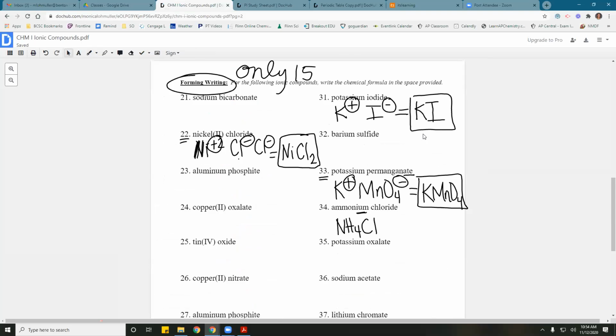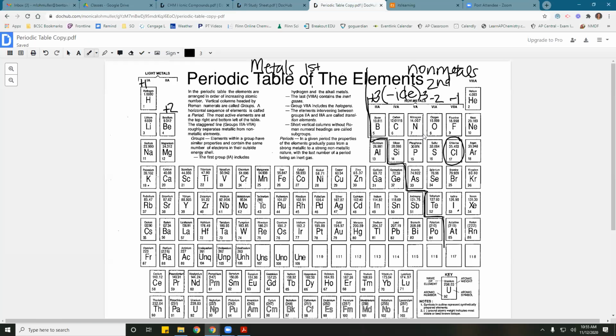Number 25 together? Sure. 25, ooh, this one's tricky. So 25 is tin 4 oxide. And remember, just like with the nickel 2 means nickel +2, tin 4 means that Sn has a +4 charge. Okay? And then oxide is oxygen. So if we look at the periodic table, we're talking about just O with a negative charge, and so that's going to be oxygen has a -2.